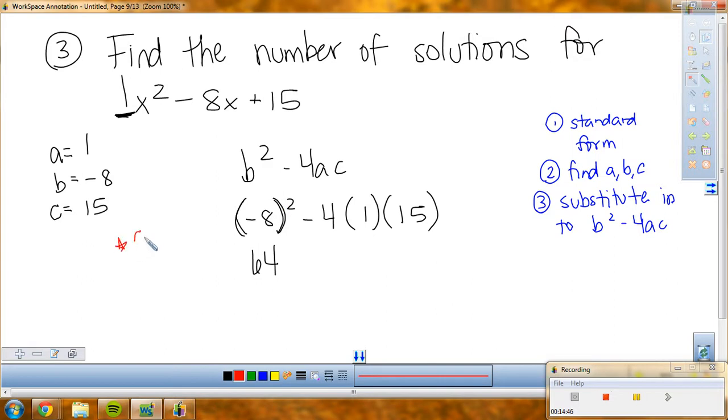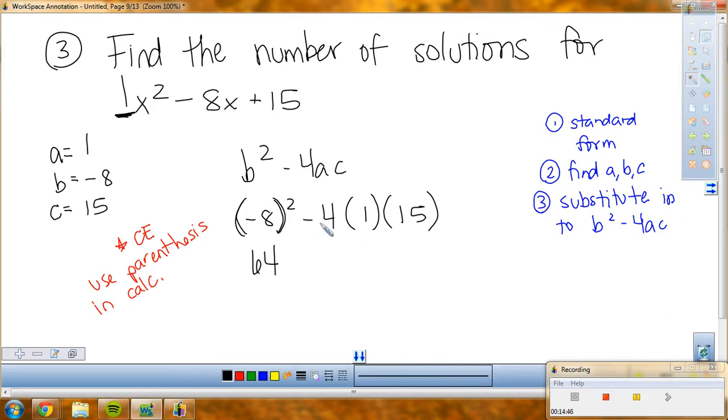All right, this is a common error. Use parentheses in your calculator. If we forget our parentheses, we might end up getting a sign error. Certain calculators don't recognize that the squared is going on the negative. So a -8 times a -8 is 64.